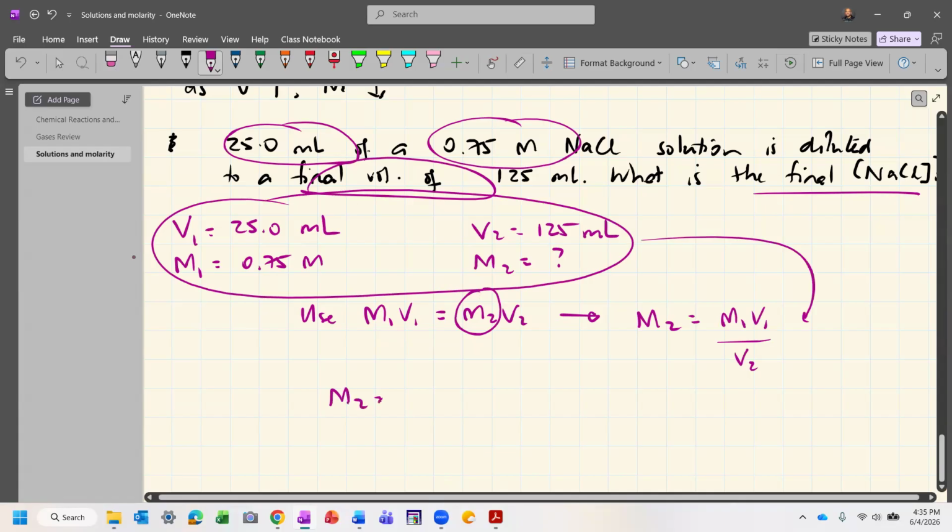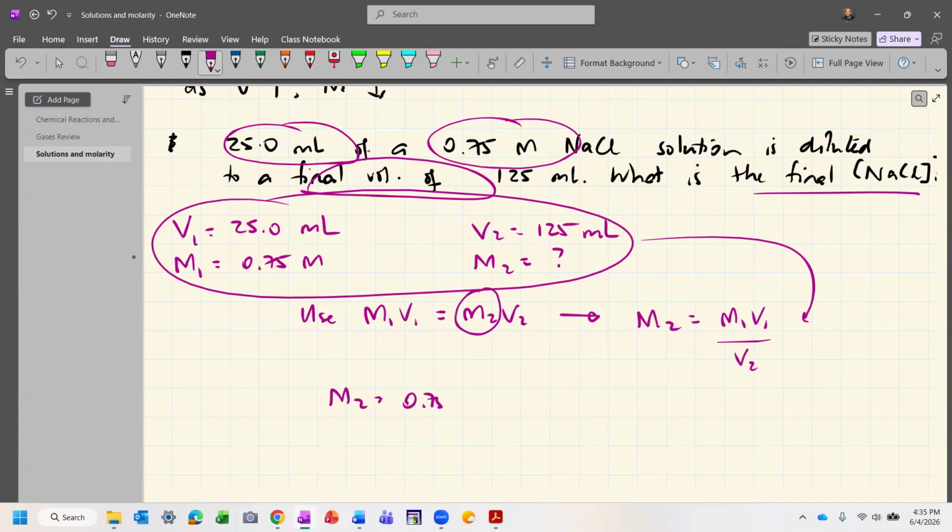So M2 is M1, so 0.75 molar. And I'm keeping track of my units because they will tell me whether I've actually done the algebra properly. So M1V1 is 25.0 mL divided by V2, which is 125 milliliters. Milliliters go away. I have molarity as my only unit. That makes sense because I'm trying to find molarity.